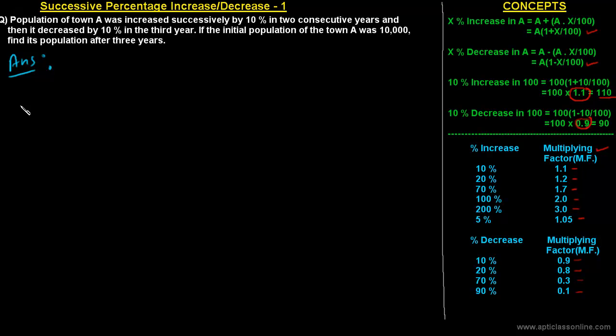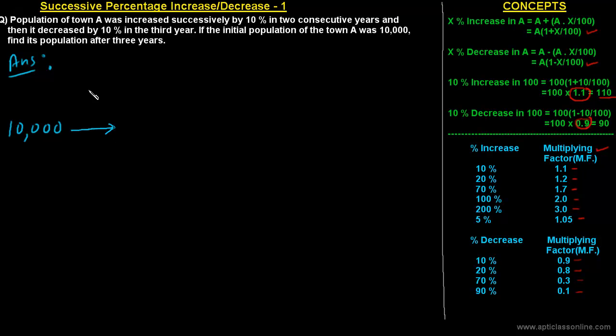So the initial population of the town is 10,000.